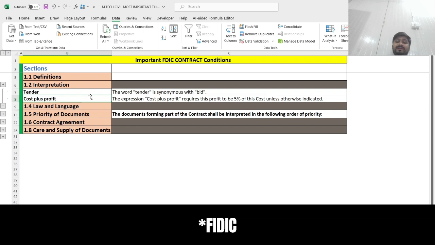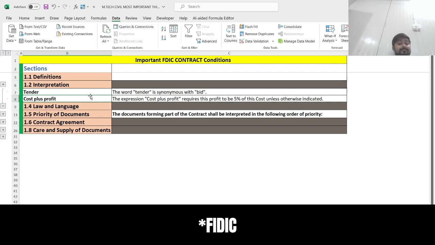So based on his quality of work, the safety precautions that he has taken, and the type of structure he has made, the employer will get happy. And then there is a provision in the contract: if he does that, then he will get 5% of the cost that was given for the complete project. All right.